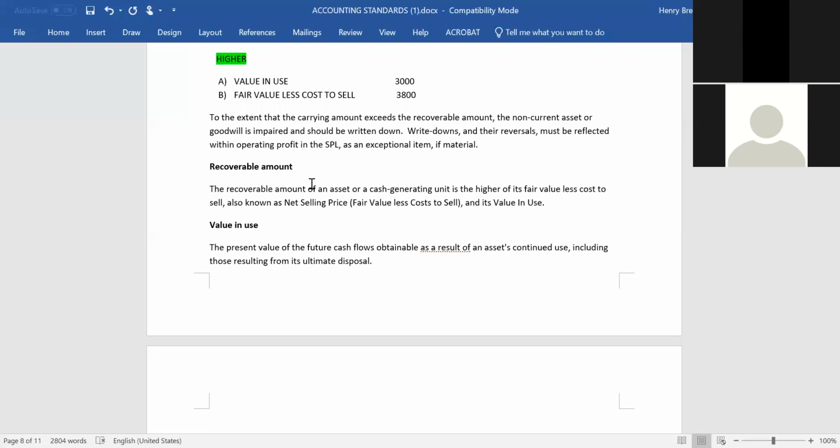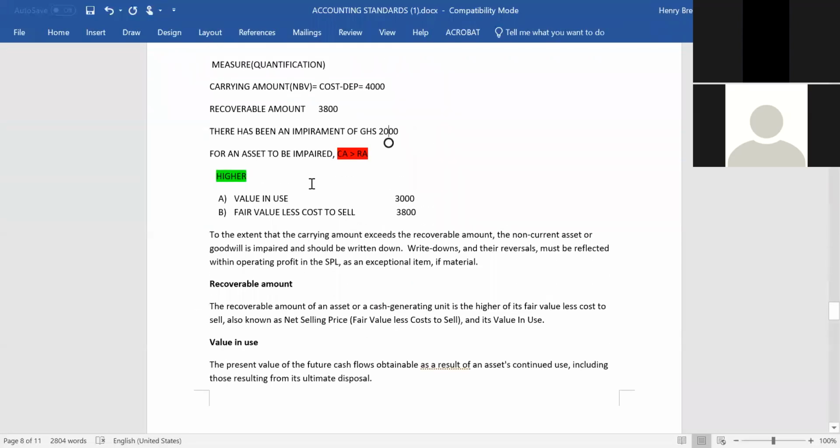So we need the value in use to be a value today. We need the fair value less cost to sell to also be a value today. So far as the carrying amount is a value today, everything should be today. But the value in use, he can give you year 3, year 5, year 6. You are not supposed to compare values in a different terrain.